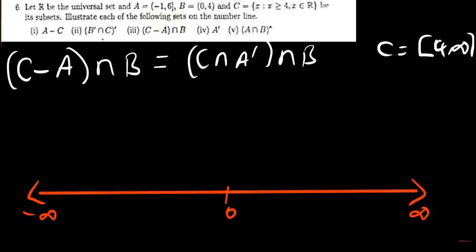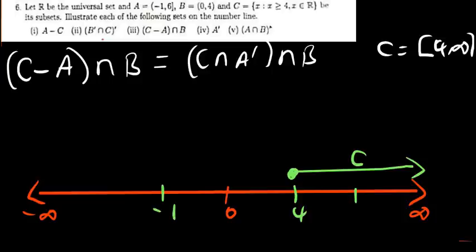So let's first go ahead and do C. So C is from 4. I'll put 4 here. 4 included all the way to positive infinity. That is C. Before I come to A complement, A is from -1 all the way to 6.